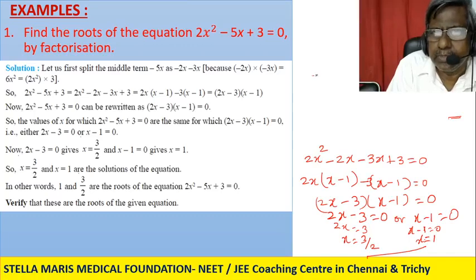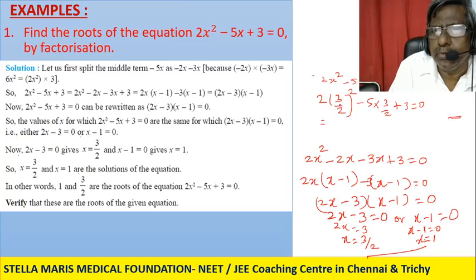I'll substitute here. It is 2x square minus 5x plus 3. First I'll put 3 by 2. X is equal to 3 by 2 means 2 into 3 by 2 whole square minus 5 into 3 by 2 plus 3 is equal to 0. 3 by 2 square will be 9 by 4, so 2 into 9 by 4 minus 15 by 2 plus 3 is equal to 0.